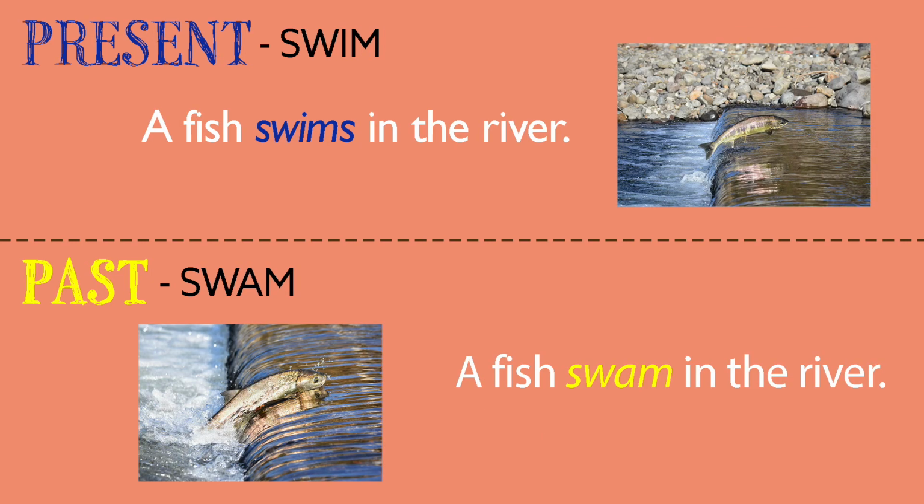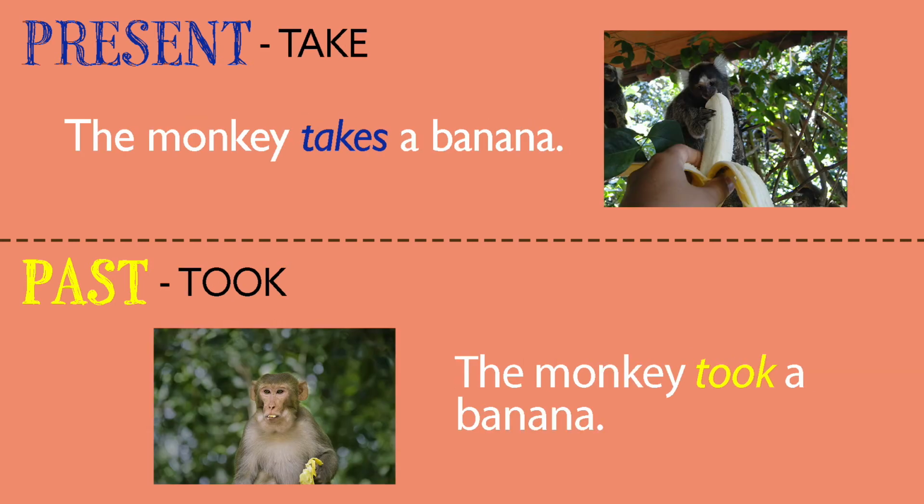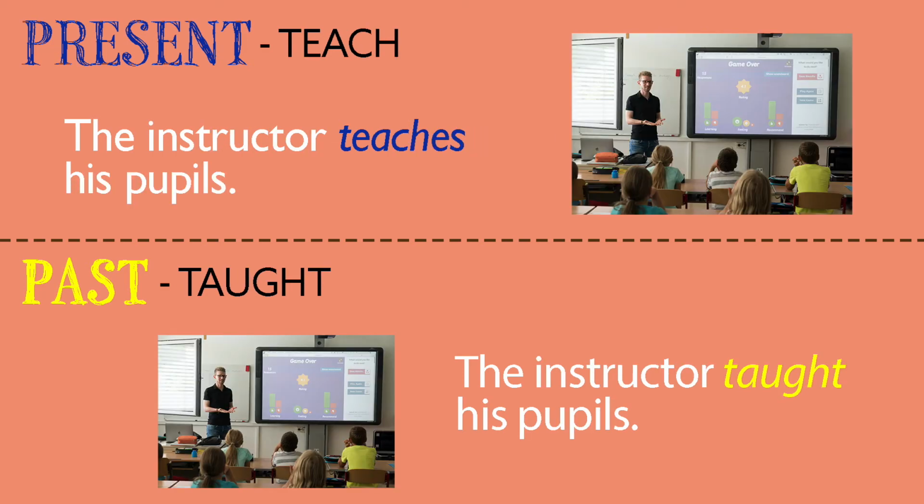Swim. A fish swims in the river. Swam. A fish swam in the river. Take. The monkey takes a banana. Took. The monkey took a banana. Teach. The instructor teaches his pupils.